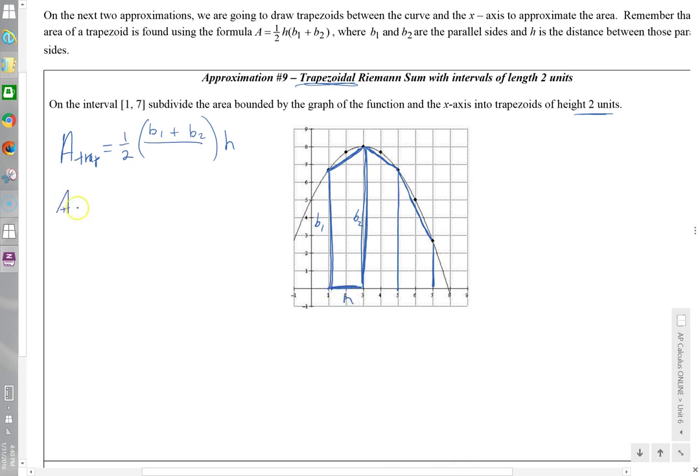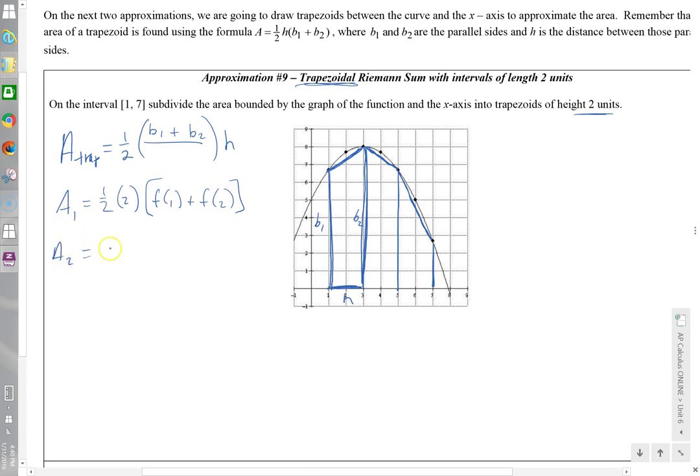So for the area of each of these, it's going to be equal to 1/2 times our height, which is 2, times our base 1, which is f of 1, plus f of 2, so that would be our first trapezoid.